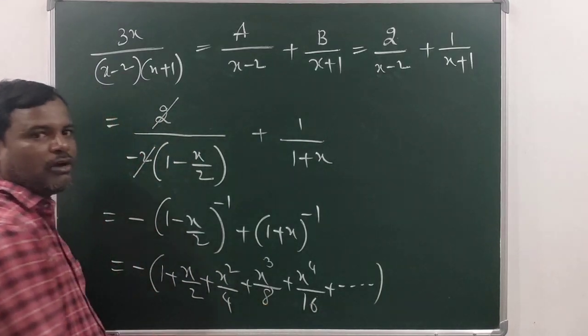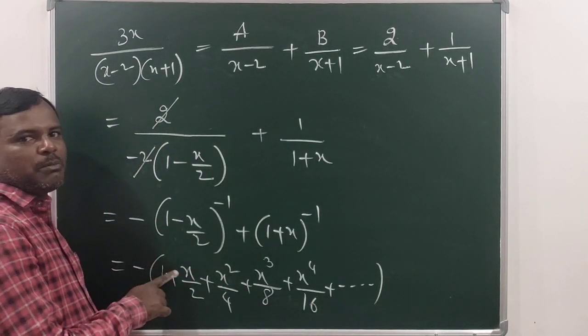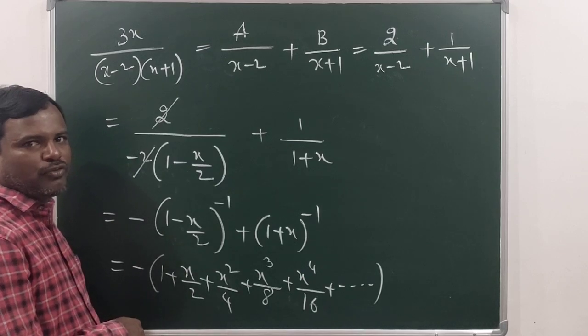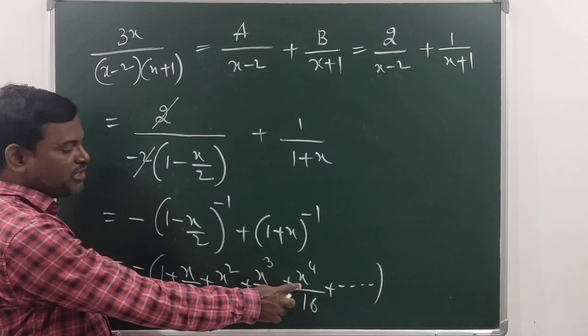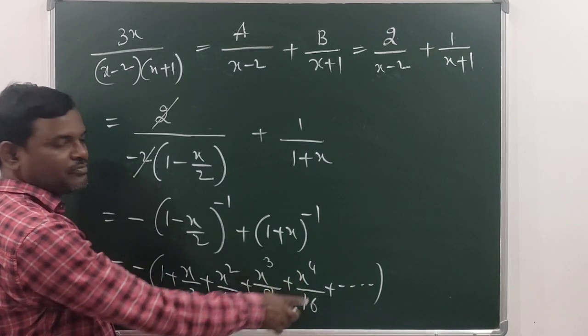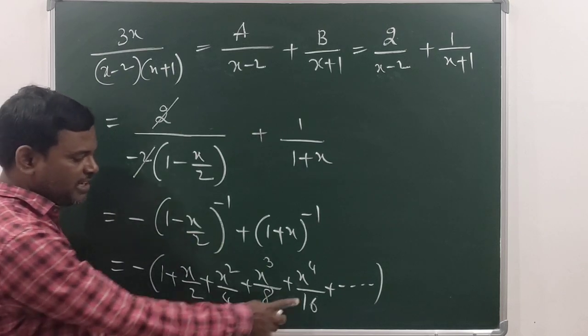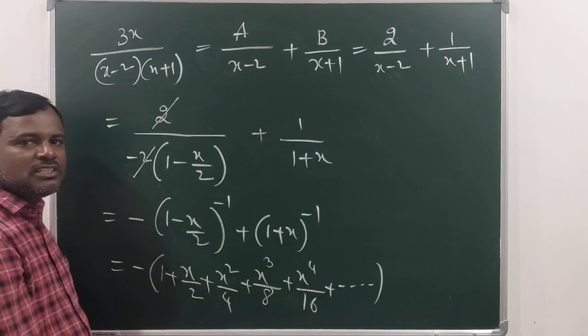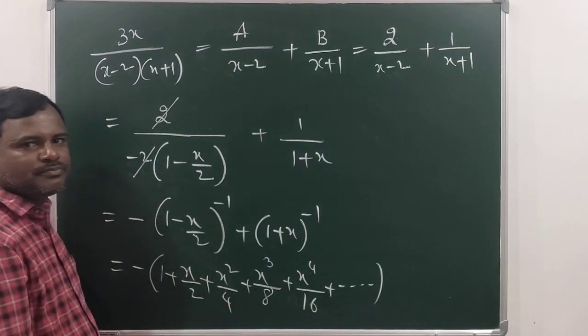Here itself you have to stop the expansion, because in this problem we are finding the coefficient of x power 4, so we got the coefficient of x power 4 from this term. Hence here itself you have to stop this expansion. No need to write remaining terms.